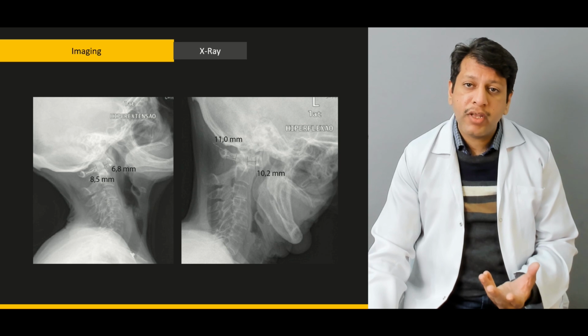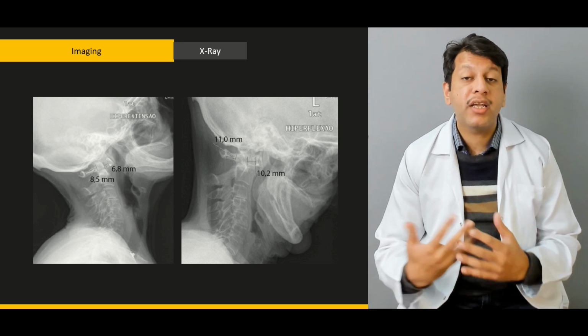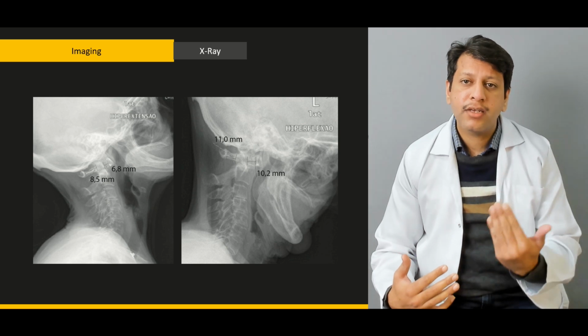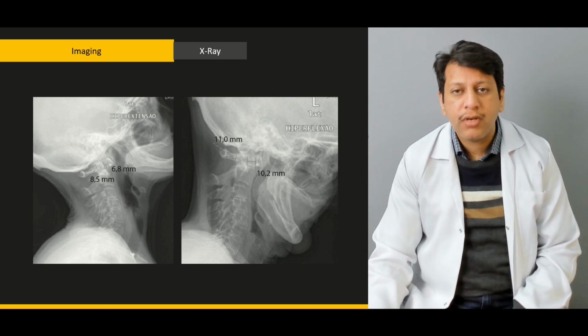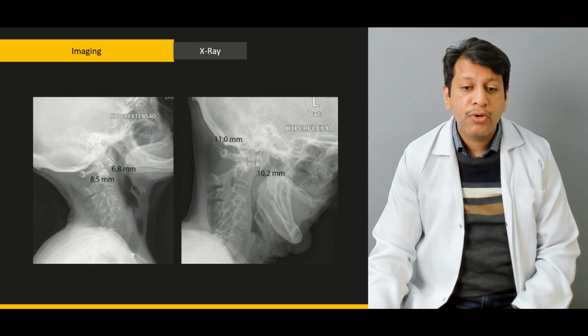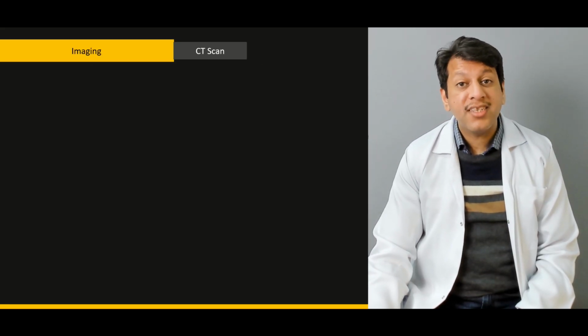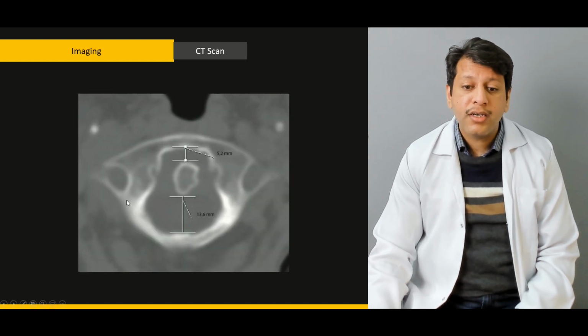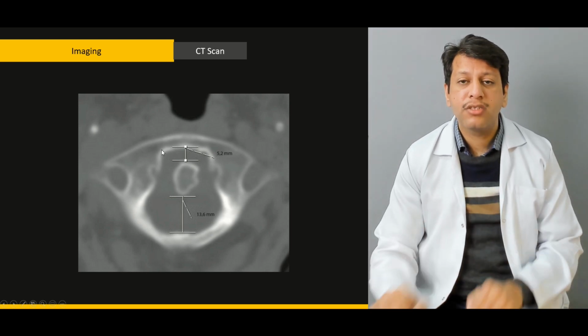Therefore, when we are getting the x-rays, normally we get AP and lateral view, but in this case we have to get flexion and extension lateral views so that we can calculate the subluxation which may be there as well. Now, x-rays are not the only modality. We may require the CT scan, because on CT you can easily calculate. Now, this is an axial view.